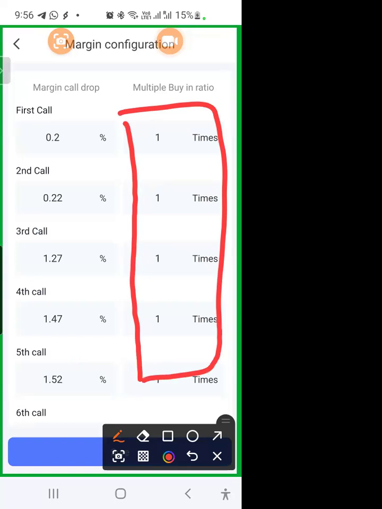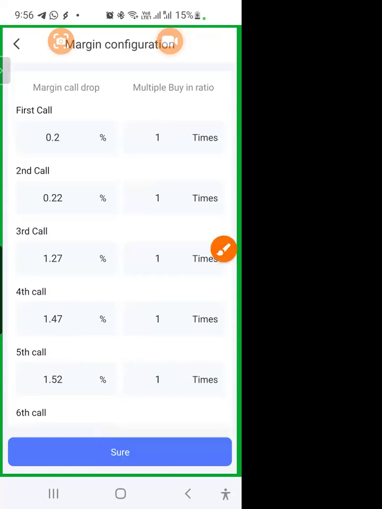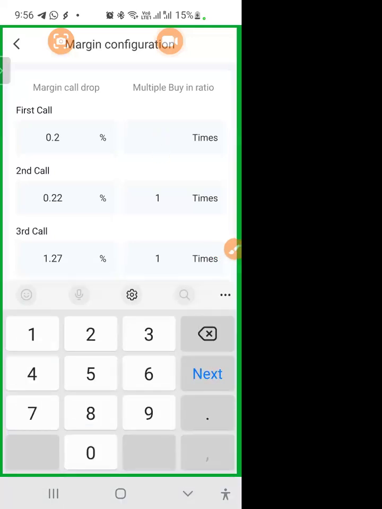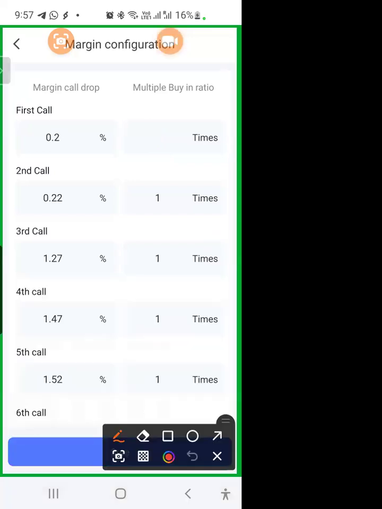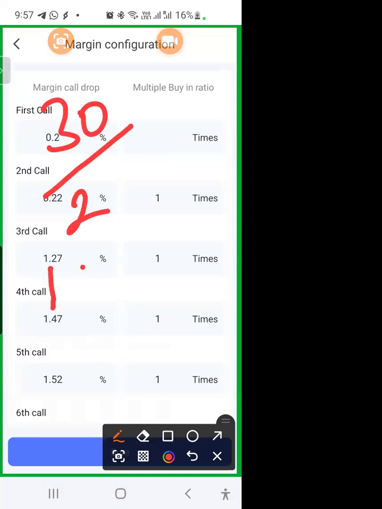Since you started with $30, that is 10% of your capital, advisable, reduce the number of times here, the number of times the robot is going to expose. How you can reduce this 30, the first buying amount, into 2. If you take that and divide it by 2, you are going to get 15.